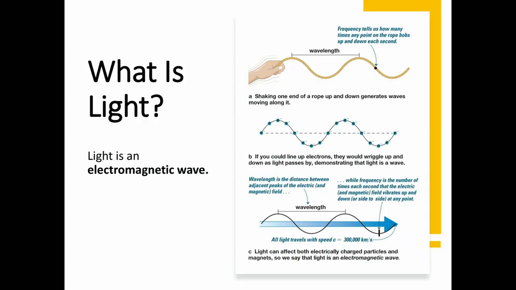The frequency is how many times this motion happens per second or in some amount of time. If you were to have a video playing, this peak wouldn't necessarily stay in one spot, it would travel along the rope, and that speed of propagation is the speed of the wave.